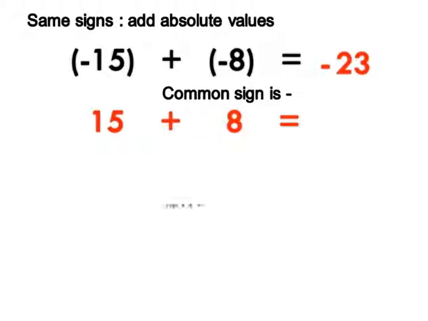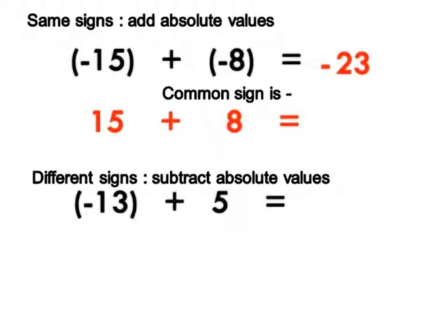Now another example is add negative 13 plus 5. As you can see, they have different signs, so we subtract their absolute values. Taking their absolute values, we have 13 and 5.